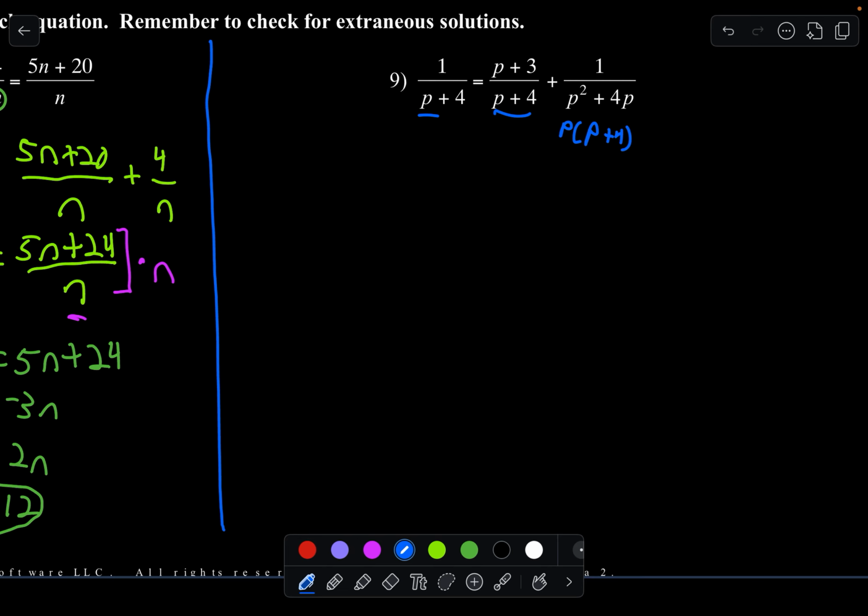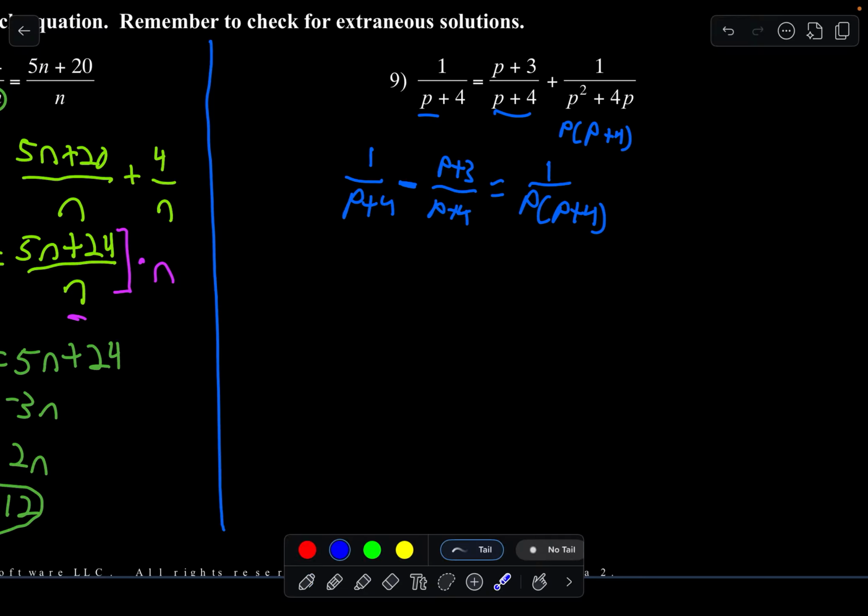If I subtract p plus 3 from both sides, we end up with 1 over p plus 4 minus p plus 3 over p plus 4 equals 1 over p times p plus 4.